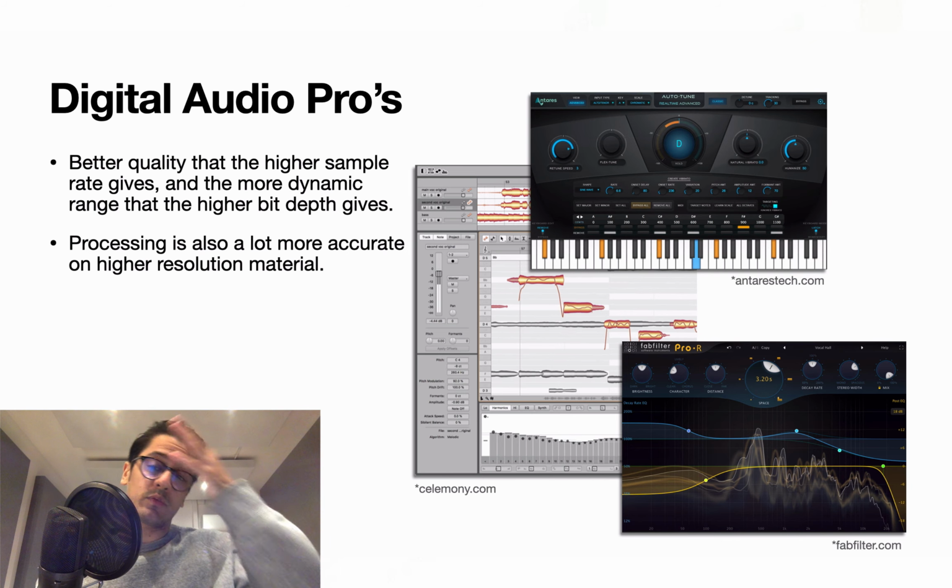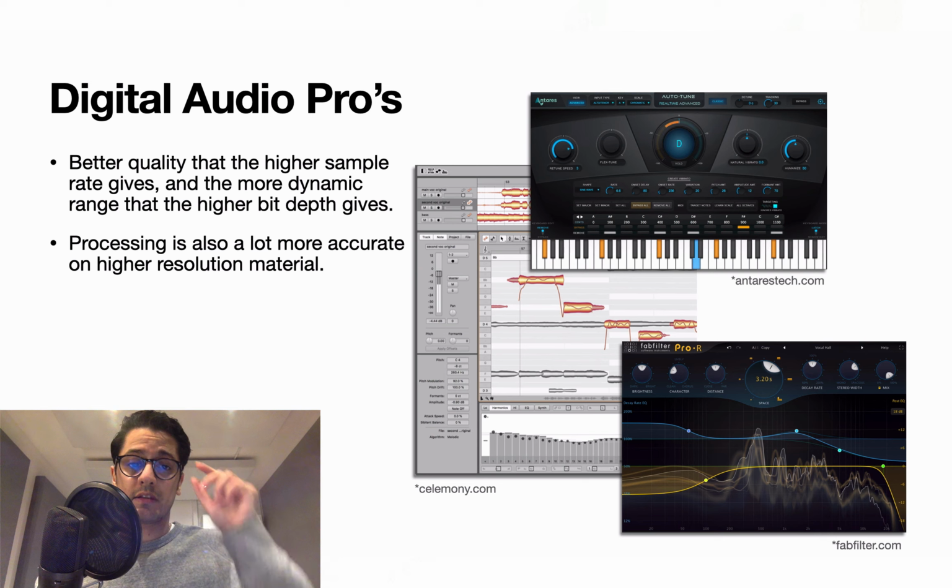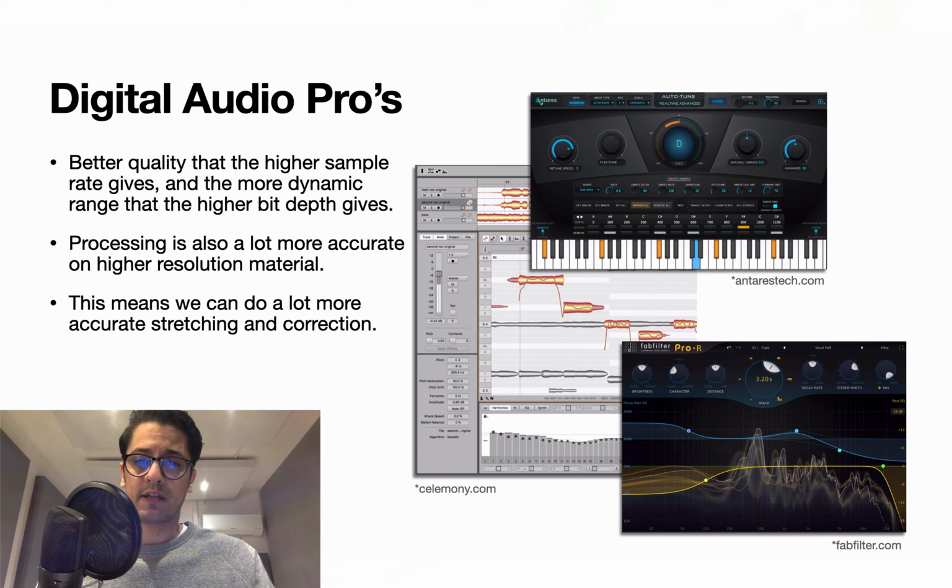And in fact, this is the reason why many plugins even include an upsampling mode, where internally they work at a higher sample rate when processing the audio. Now, if we have many more samples on higher sample rates, we have a lot more accurate information about the frequencies, which means we can do really important things in the world of the audio engineer, like time stretching or pitch correction.